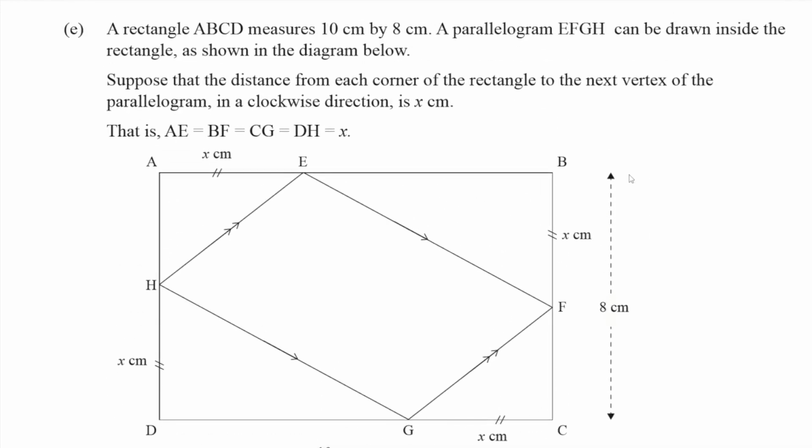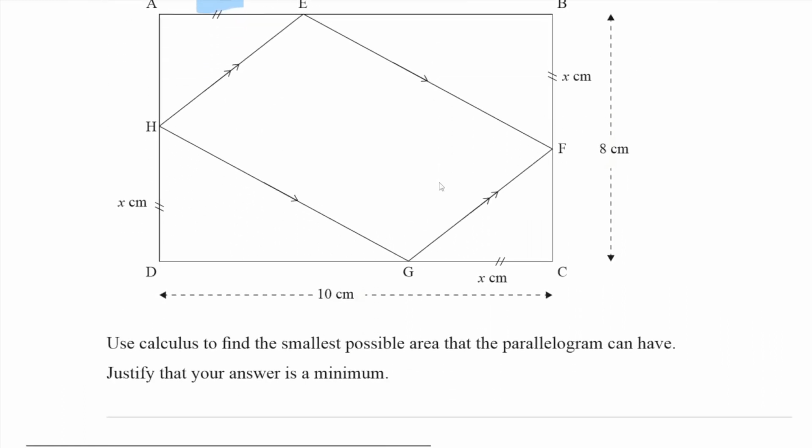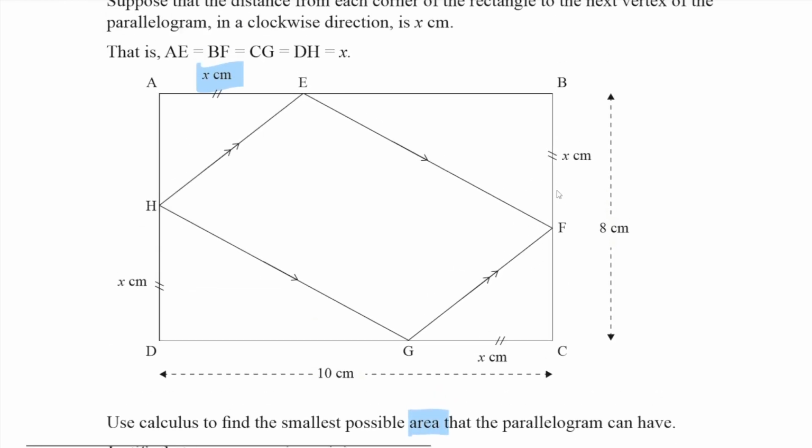First of all, we need an equation that relates what we're changing to what we're trying to maximize or minimize, in this case. So we need a way to relate the area of the parallelogram to x. That's our first step. We could use the area equation for a parallelogram, base times height, if we know its base and height.